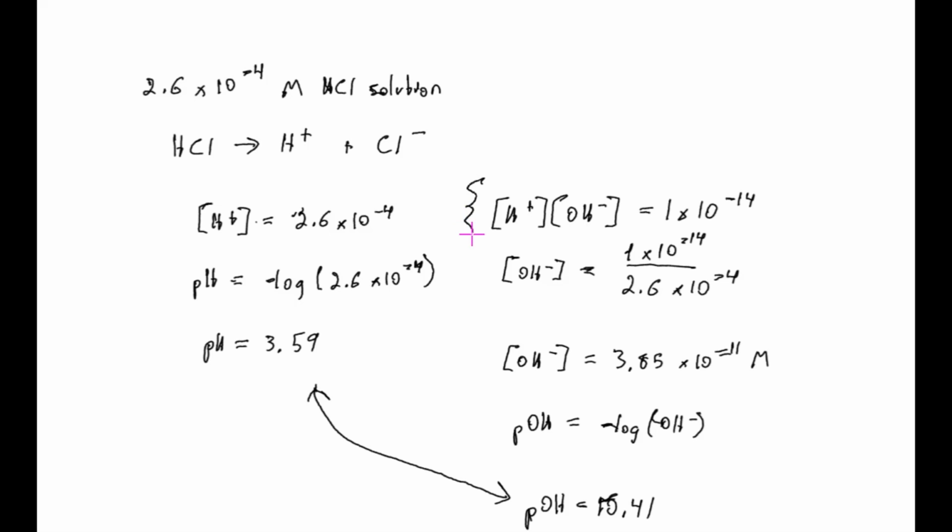There's the ion concentration relationship, where the concentration of hydrogen times the concentration of hydroxide has to equal 1 times 10 to the negative 14. And then there's this second relationship, that the pH plus the pOH always has to equal 14. They're not really two different relationships. They're the same thing mathematically. If one is true, the other is true.